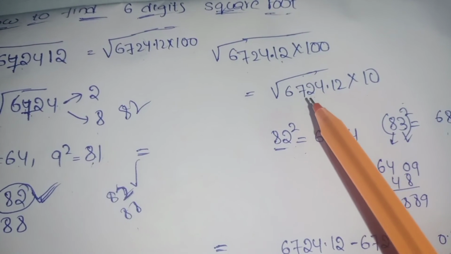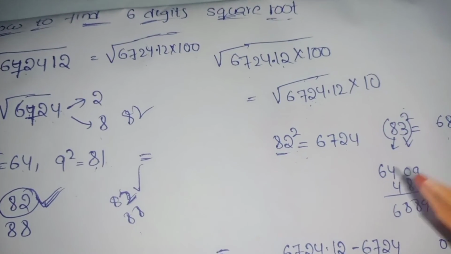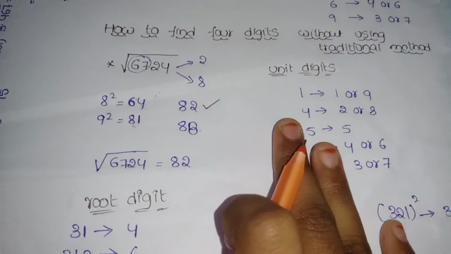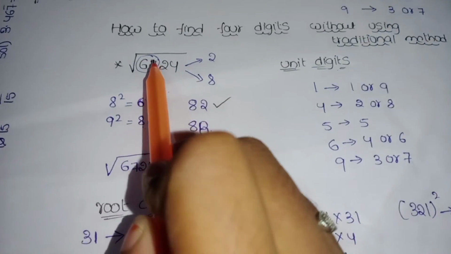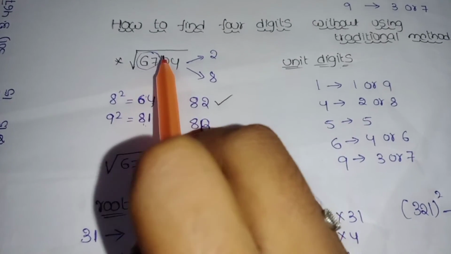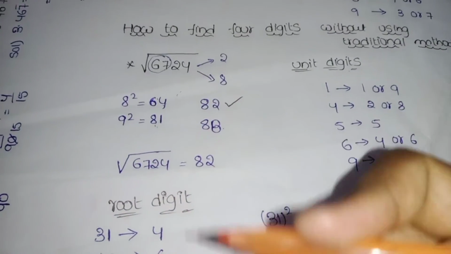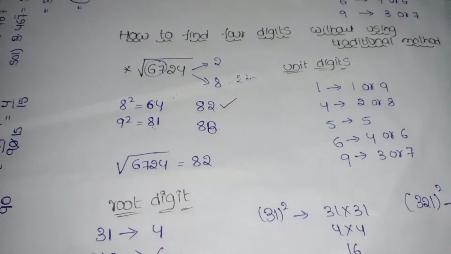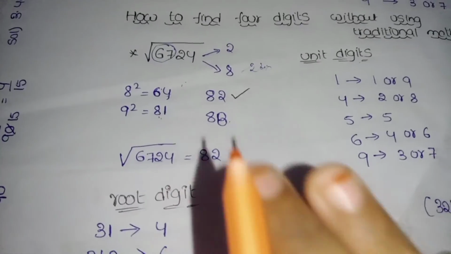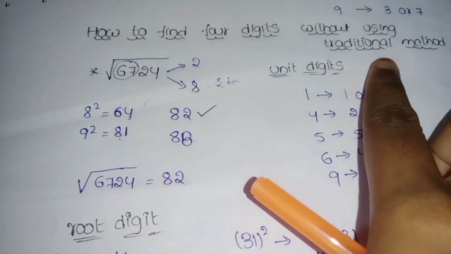Let us see how to find the square root of 6724, how to do it without using the traditional method. Here under the square root I have 4 digits. My answer is in how many digits? 2 digits. Are you understanding? First you have to know the unit digits, because we are not using the traditional method.